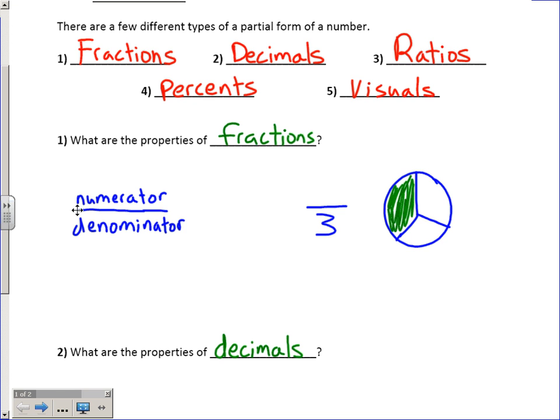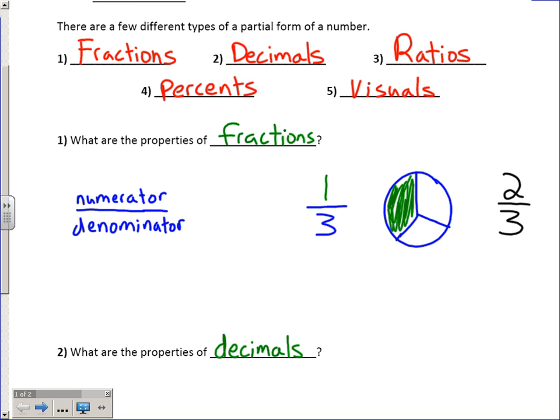The shaded in portion is considered 1 out of 3. So 1/3, or 1 section of a whole that's split into 3 parts. Now say I wanted to represent the portion that isn't filled in, that's going to be 2/3, because 2 of the 3rd sections are not filled in.